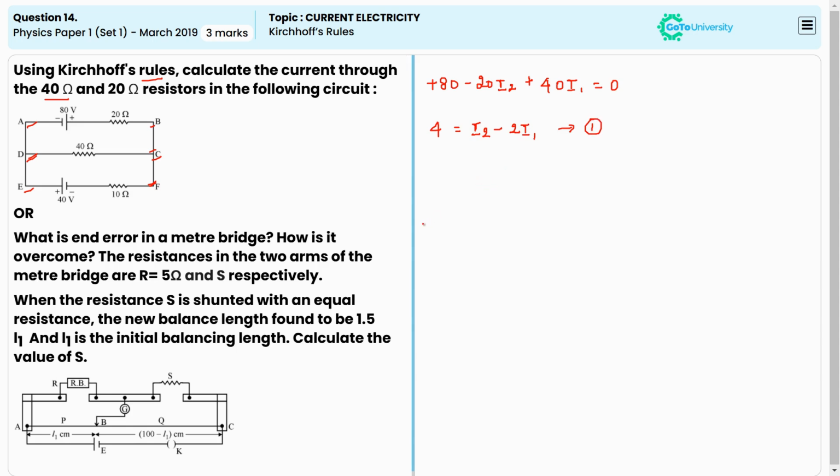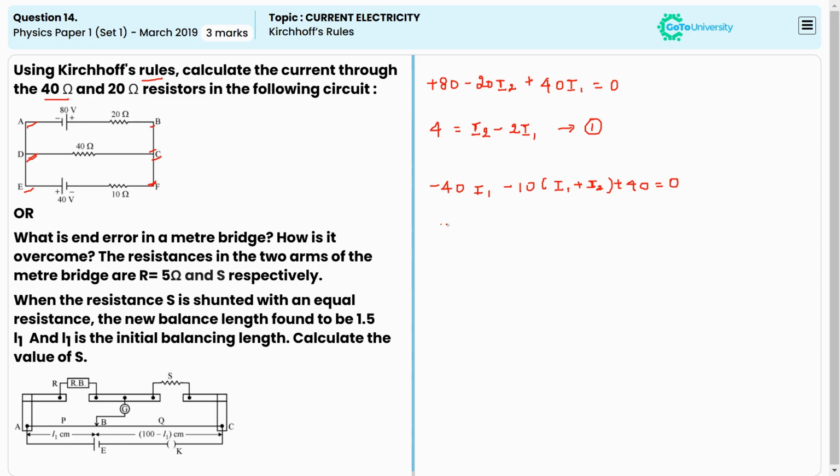And in the second loop, we get minus 40 I1 minus 10 times (I1 plus I2) plus 40 is equal to 0.